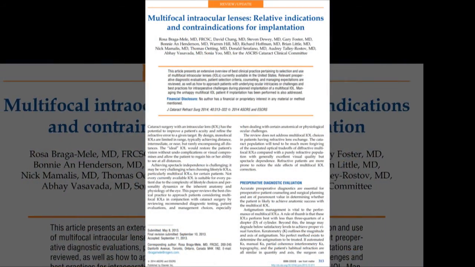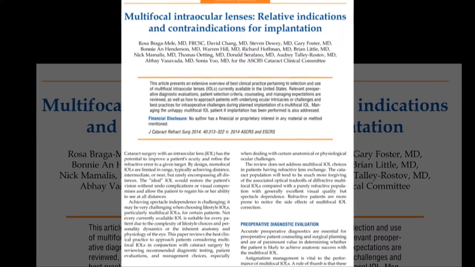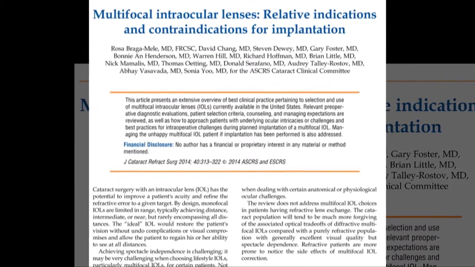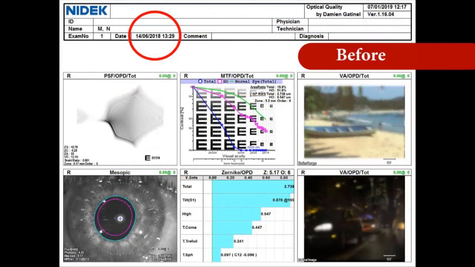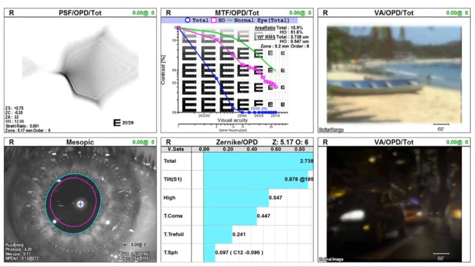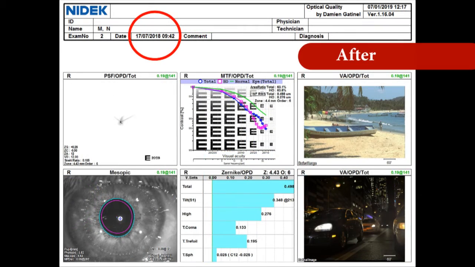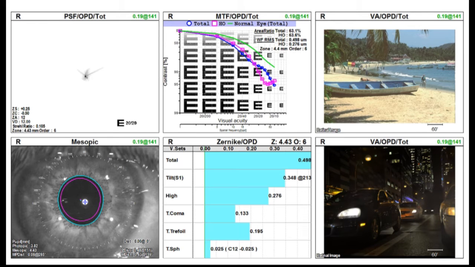Studies have shown that anterior corneal coma values of 0.32 microns may result in intolerable dysphotopsia in the presence of a diffractive multifocal IOL. This case is a shining example that there are wide variations on this theme, depending on the magnitude of the change in the spherical equivalent by refractive surgery and the uniformity of the change.